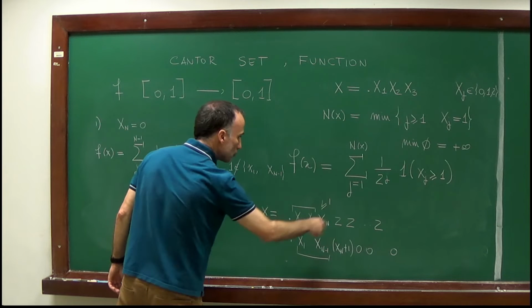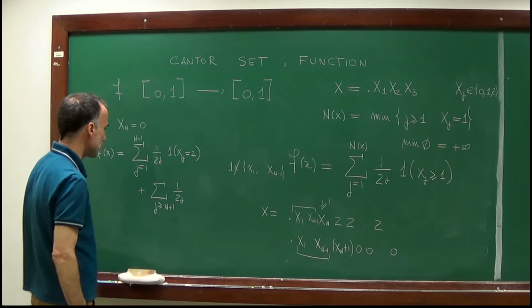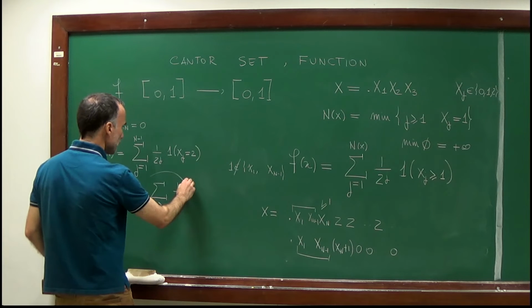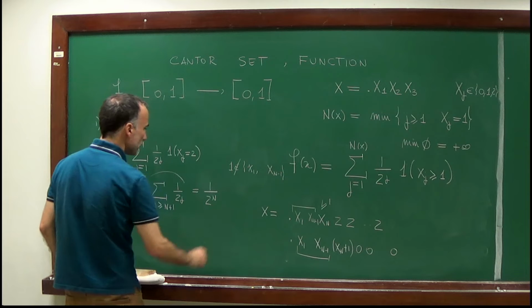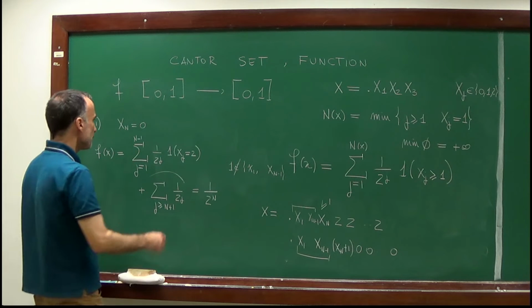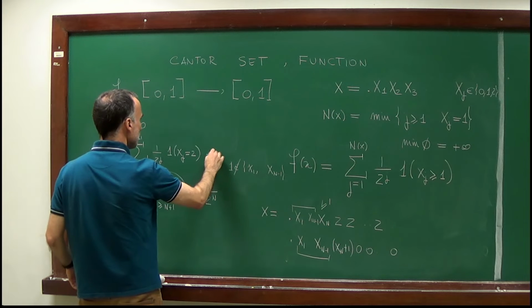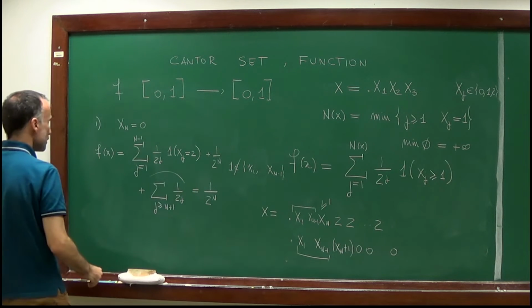They are all equal to 2. So this is just 1 over 2 to the power j. And this sum is equal to 1 divided by 2 to the power n. So f of x is equal to that expression plus 1 over 2 to the n by using the first representation.